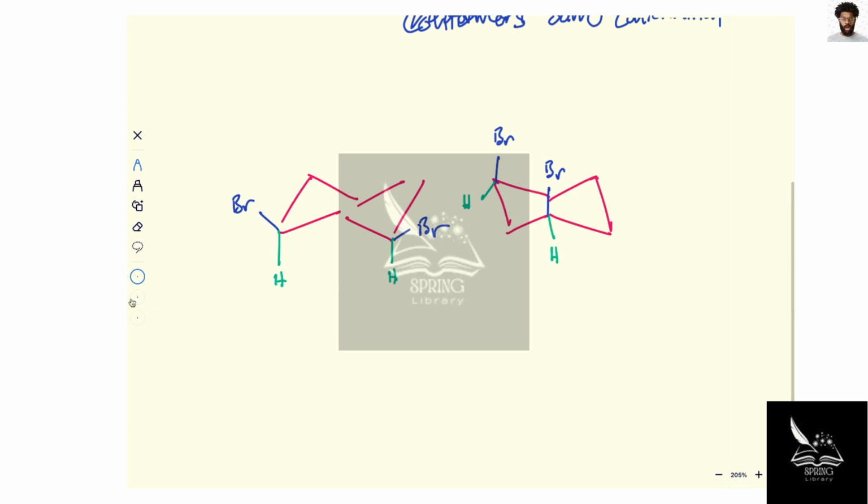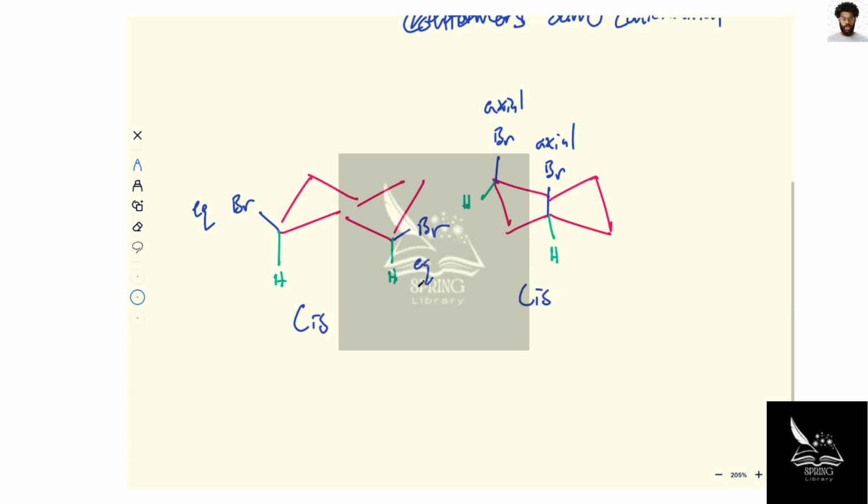And if I do so, we can start to see that, okay, these bromines are equatorial, whereas these two are axial. Okay. I will also notice that these bromines are cis to each other, and so are these.